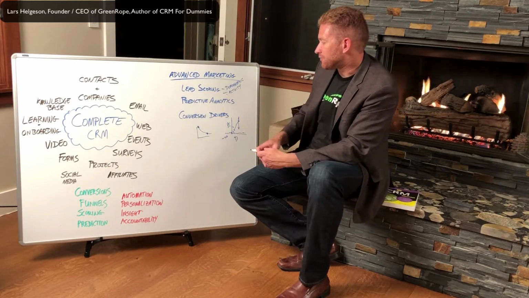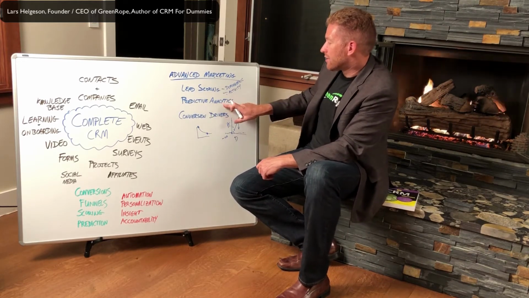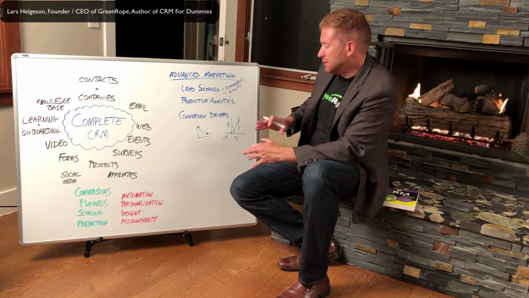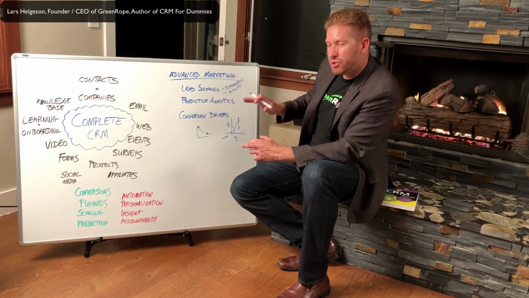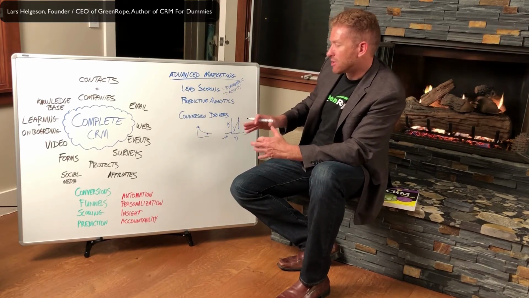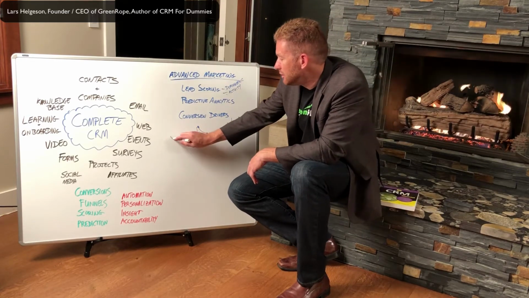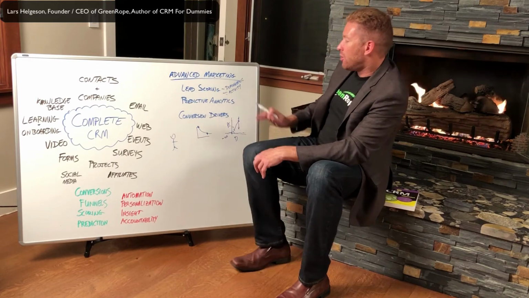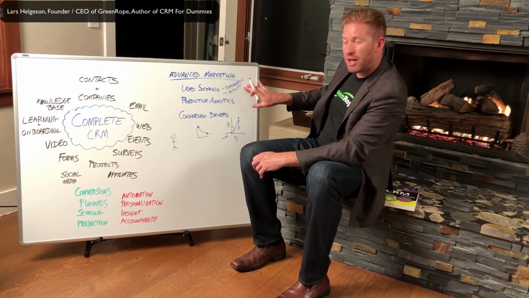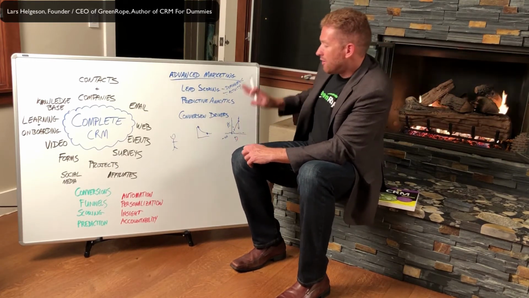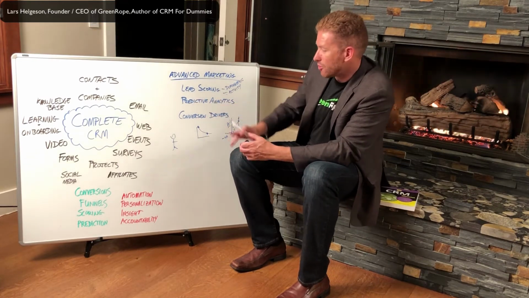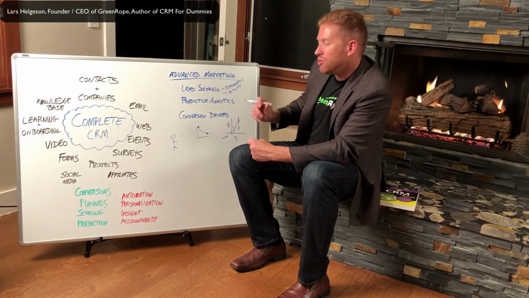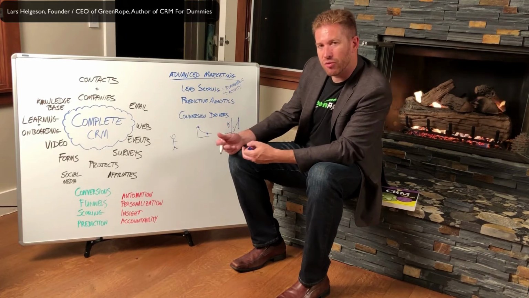So that's lead scoring. Predictive analytics is kind of related in the sense that what we're doing is we're looking for all of the aspects of an individual person. So here's our person, and with this person, we have demographic information and we have activity related information. This information obviously is stored within our CRM, and what we do is we start to collect information over time.